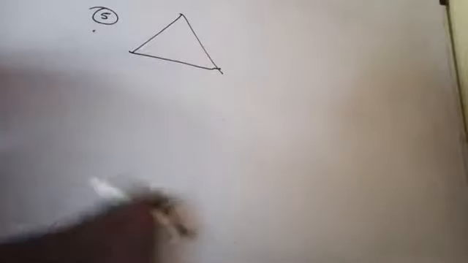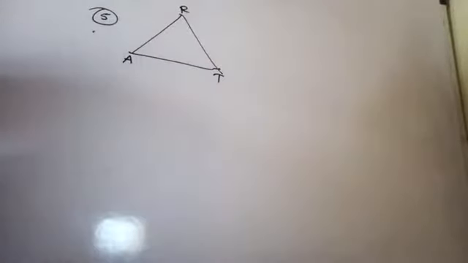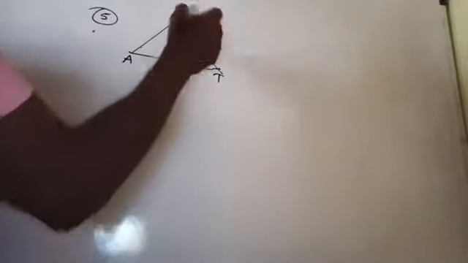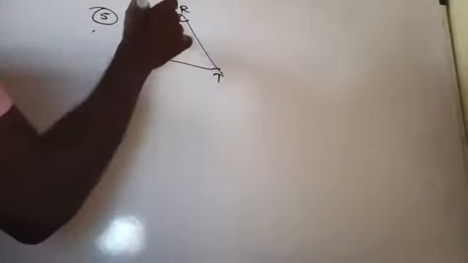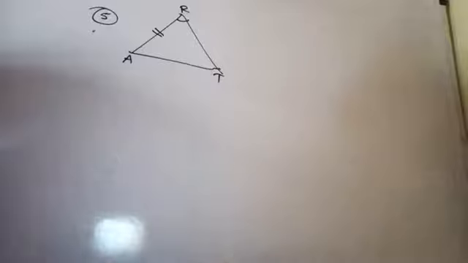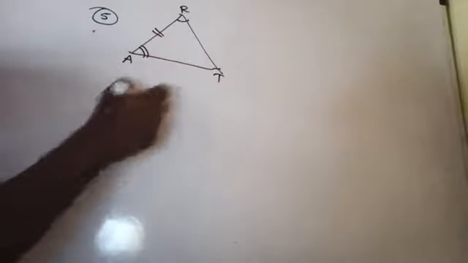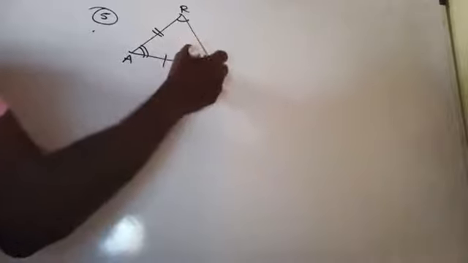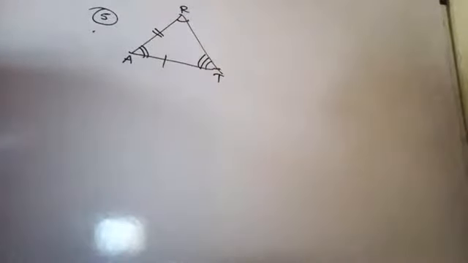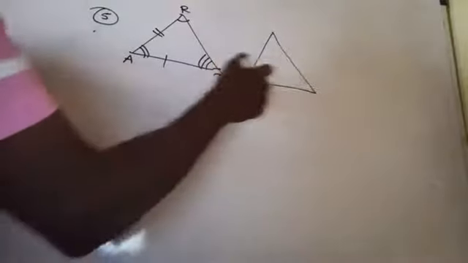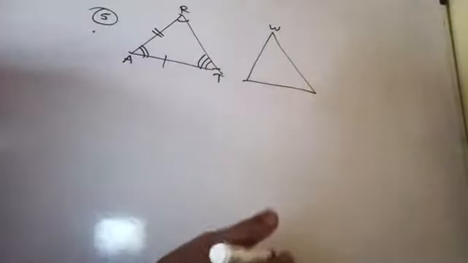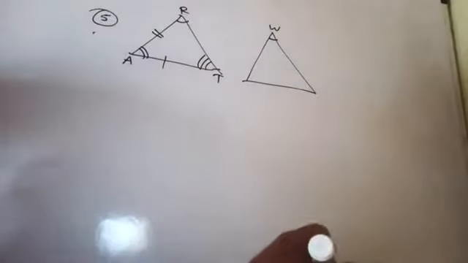Triangle RAT, R-A-T. And then W-O-N. So it should be W, because angle R equal to angle W, it is given.